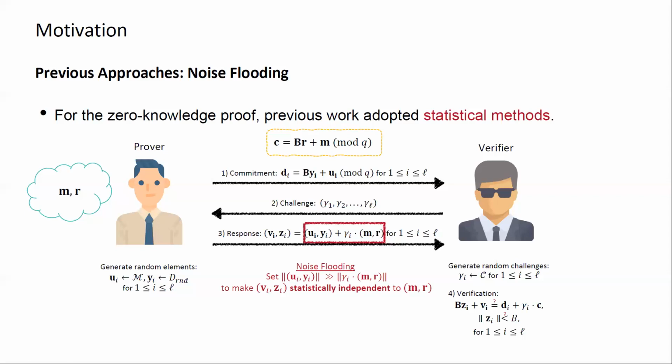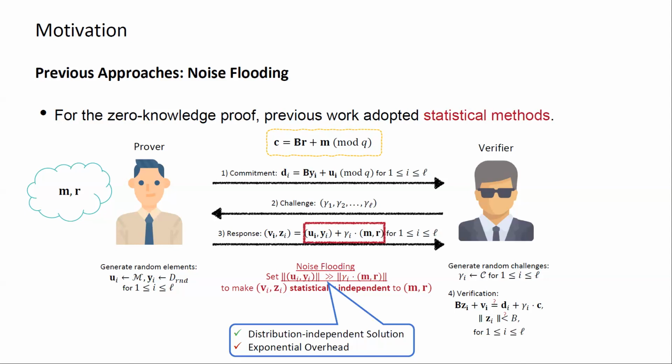So for the zero knowledge proof, the previous work adopted several statistical methods, and one of them is noise splitting. The noise splitting technique means that we set this masking vector UI comma YI to be exponentially larger than M. The purpose is to make the response VI comma ZI statistically independent of M comma R. Then it directly implies the zero knowledge of M and R because there's no information of M and R from the transcript.